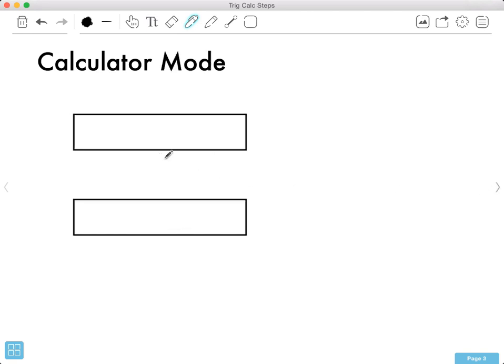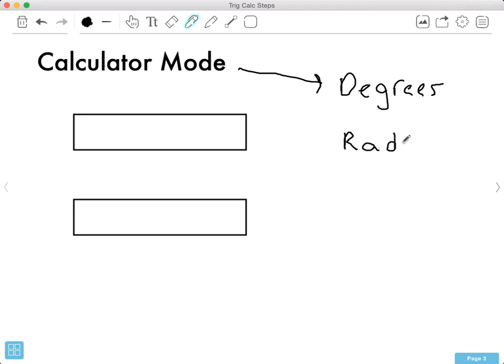The other thing you have to determine before you start answering any trig question is if your calculator is in the right mode. Most scientific calculators will work in 3 modes talking about the angles that you'll find in a triangle. Degrees, which is more than likely what you're working in if you're watching this video.